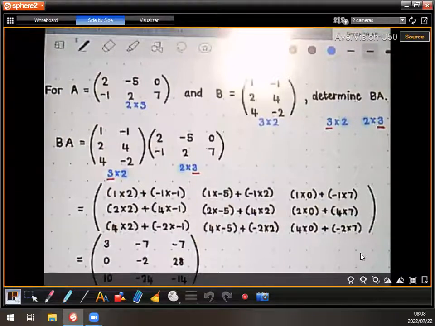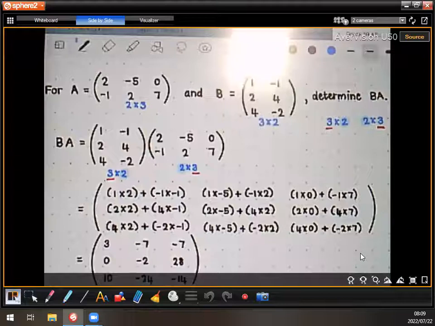Write down the dimensions. So if we look at the first one, what are the dimensions?